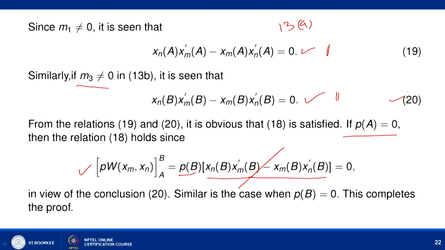Now, 20 is true means this Wronskian P W(x_m, x_n) at b and a is equal to 0 if P(a) equals 0. Similarly, we can handle the case when P(b) equals 0.